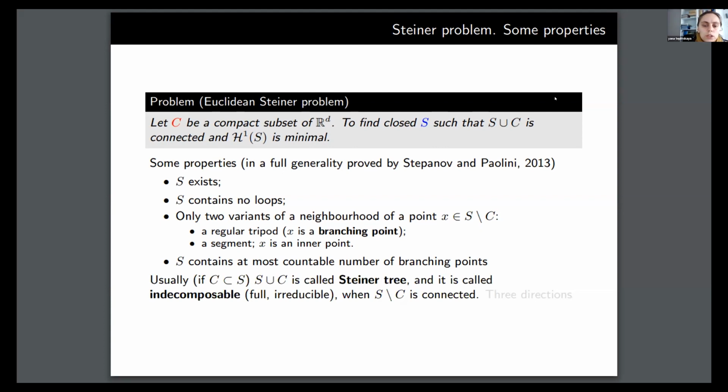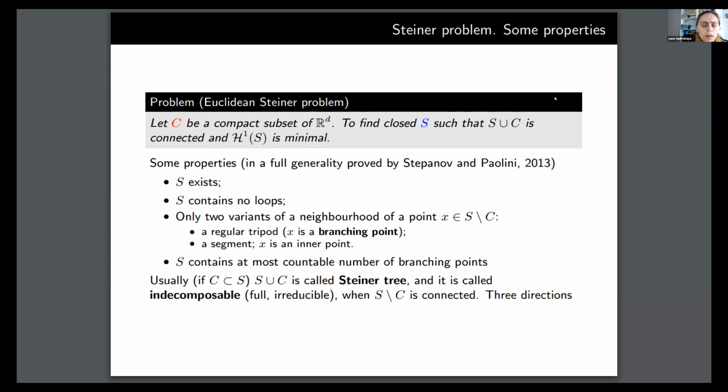The most interesting Steiner trees are those Steiner trees where the tree without the given set is connected. In other words, it means that there are no vertices of degree 2, only of degree 1 and 3, and all vertices of the given set can have only degree 1.